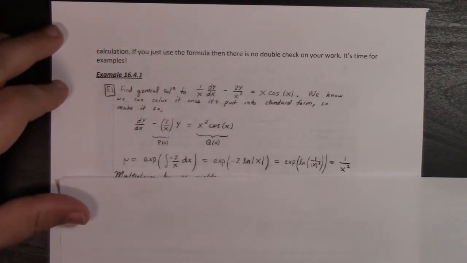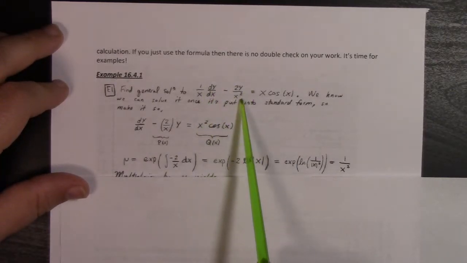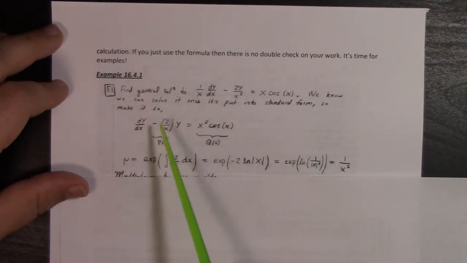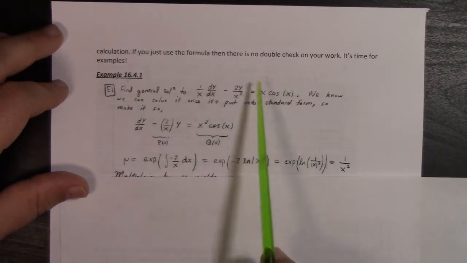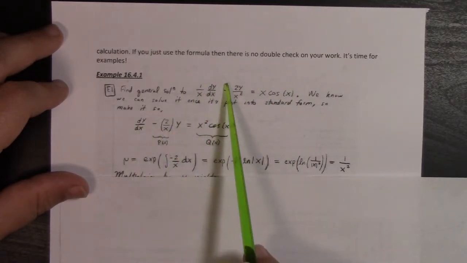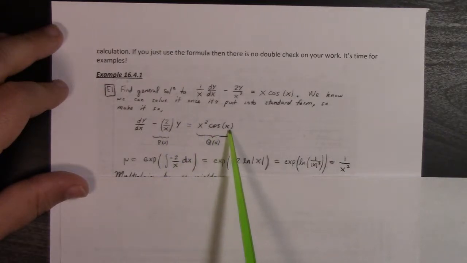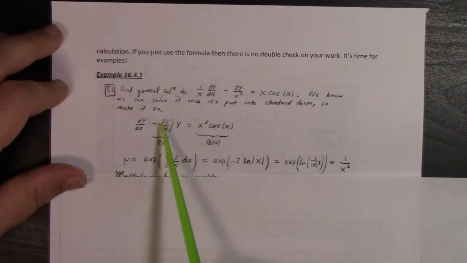All right. Suppose we wanted to solve (1/x) dy/dx - 2y/x² = x cosine x. We know we can solve it once we put it into standard form. So I multiply this by x. Multiplying by x gives me dy/dx - (2/x) y = x² cosine x, right? So the integrating factor mu is the exponential of the integral of p.